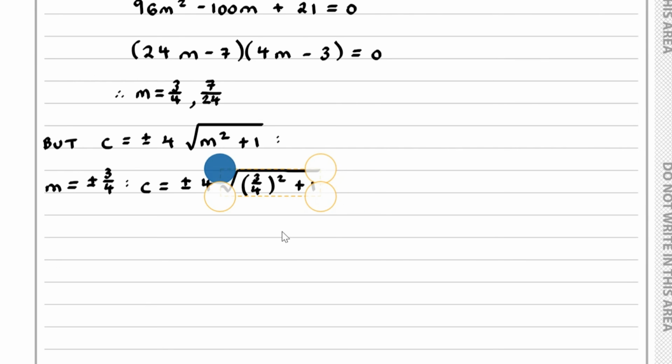So working this out, we would have c equals plus minus 4 times by, now here we have 9/16 plus 1, which is 25/16. So we've got 25/16 square rooted.